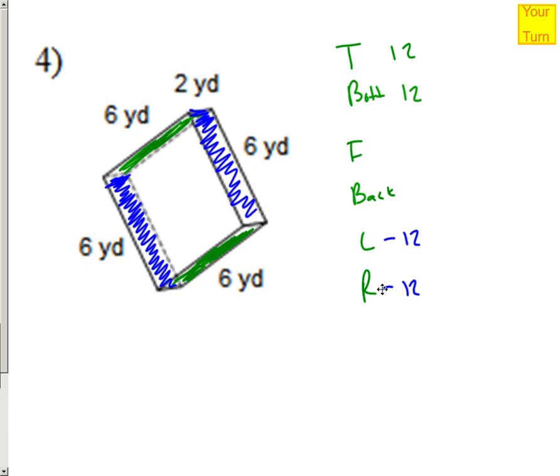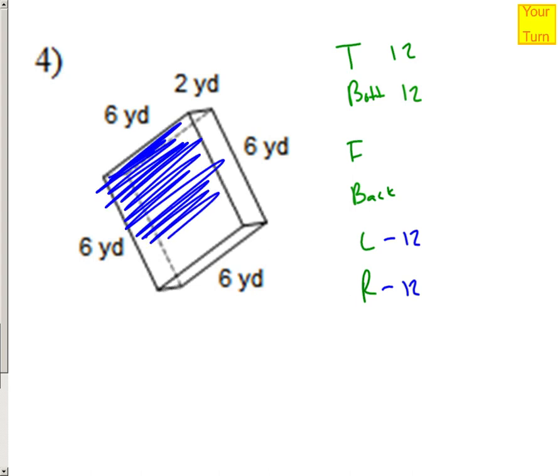And now we just have to do the front and back, and we'll clear this off right here. As you can see right there, it's a 6 by 6, so that's 36 for the front, and then the back would also be 36. Add that up, looks like we'd be getting 120 yards squared.